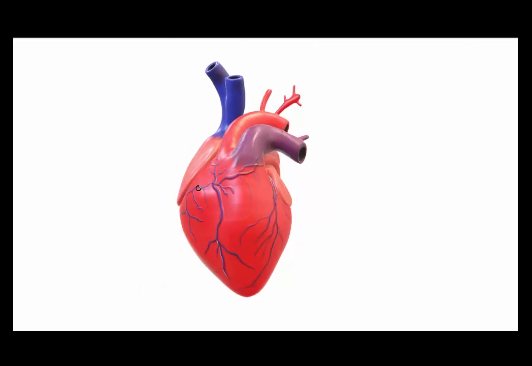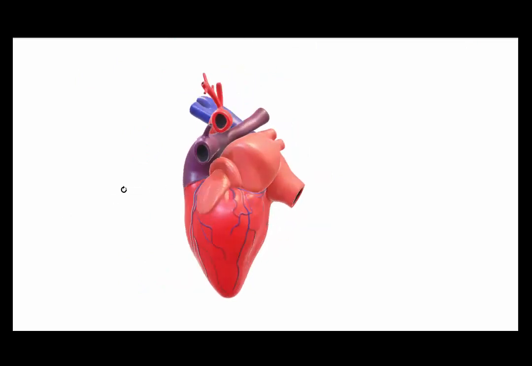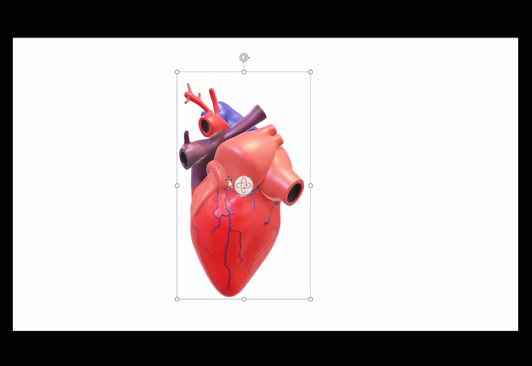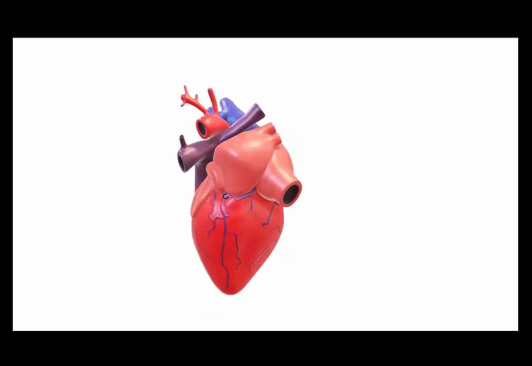Now, if we just spin this around a bit, we can see this as if we're looking at the back of the heart. So now, this side is the left hand side, this is the right.